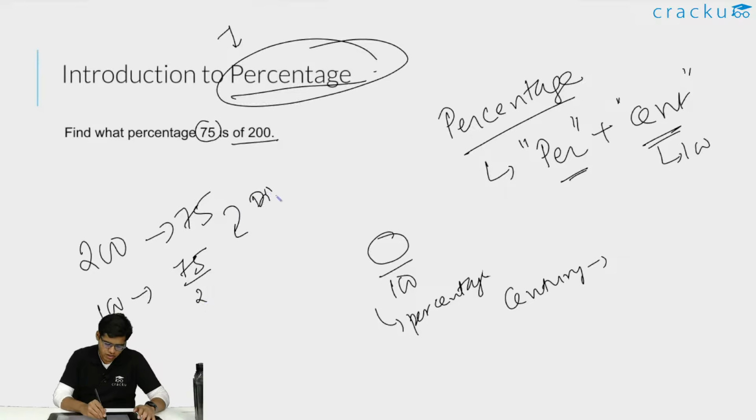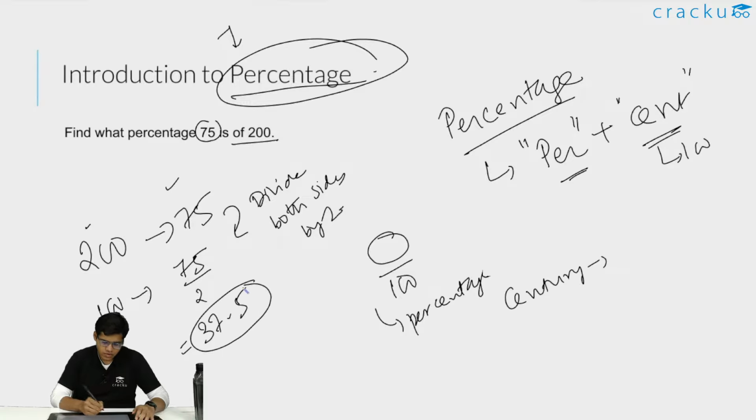We divide both sides by 2, right? So out of 200 it was 75, so out of 100 it is 75 by 2, which is 37.5. So out of 100 the value is 37.5. So what will be the percentage value? 37.5%.